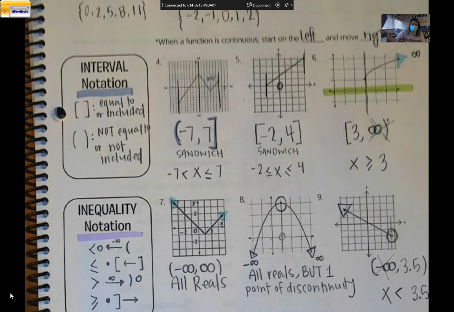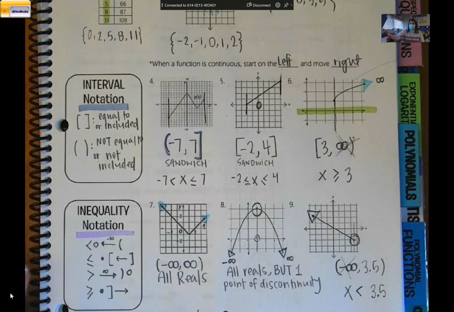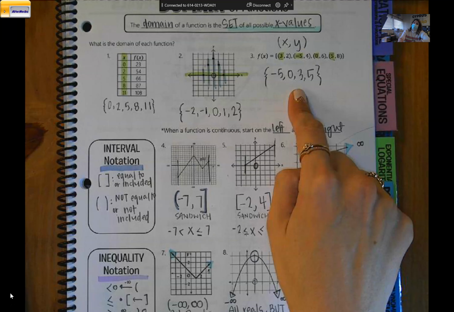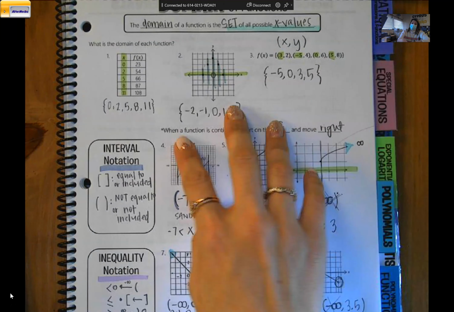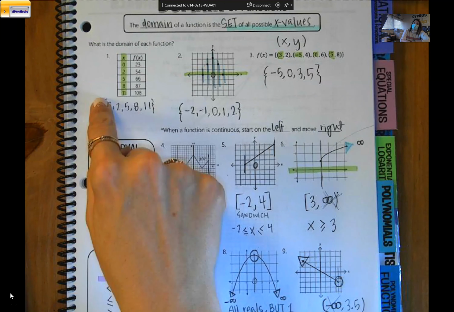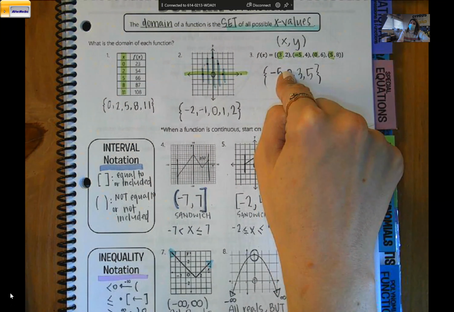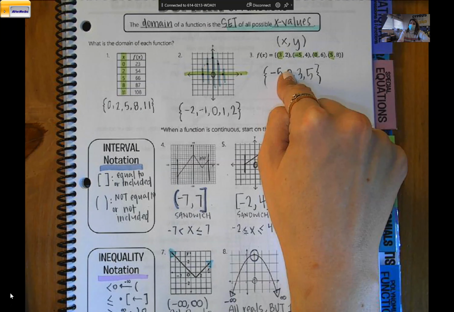Now, here's the thing, lovies. It feels like it's been 4 hours, but really it's only been 30 minutes. And I'm sure we've already forgotten about these guys. Remember, there are domains where you can actually list out all of the values that x can be.